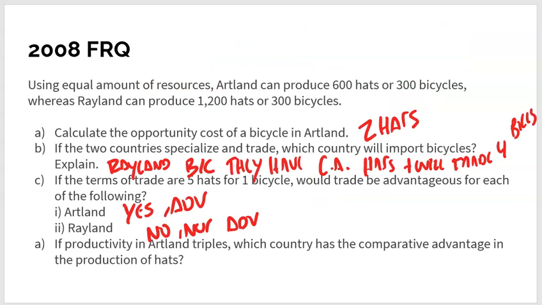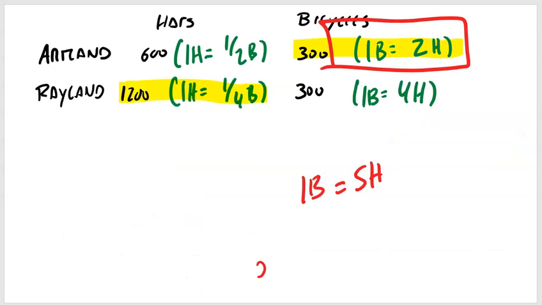And so our last question, if productivity in Artland triples, which country has the comparative advantage in the production of hats here? Well, this should be pretty simple. It's going to be Rayland. And the reason why we know it's Rayland, we're going to write this in light blue, is because if we triple, 1200 times 3 is 3600, 300 times 3 is 900.